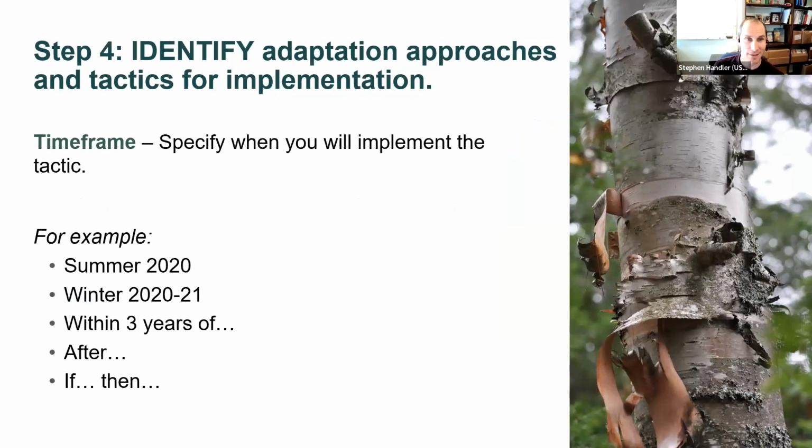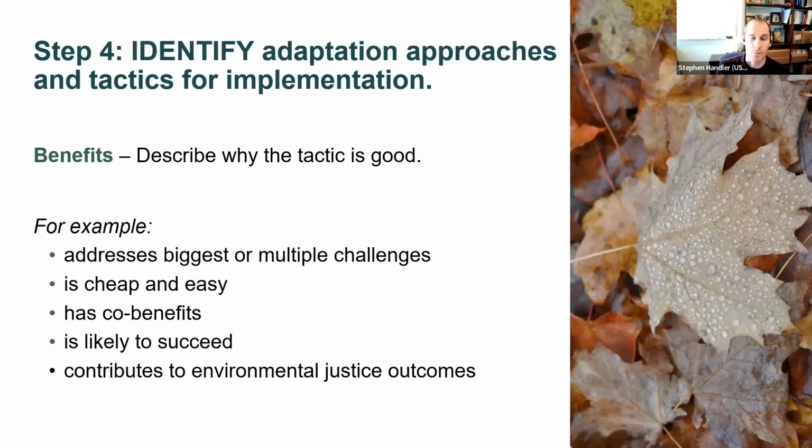And in that tactics box, be prepared to think about the time frame when you're going to implement these things as well. And that can be if things are happening multiple times, or just at a certain time of the year, or in a sequence of events that are scheduled over a longer term in your project. There will also be opportunities for you to weigh the benefits associated with an adaptation tactic.